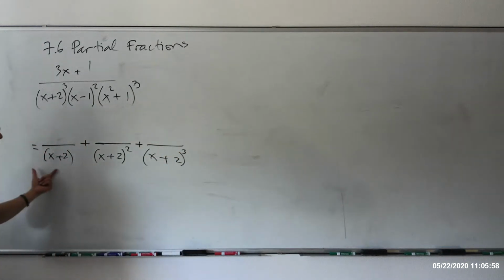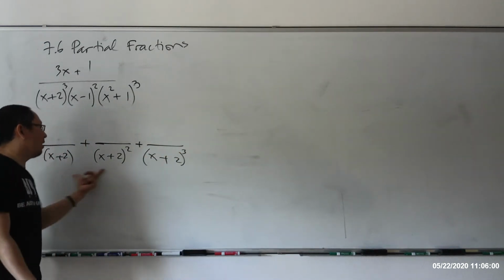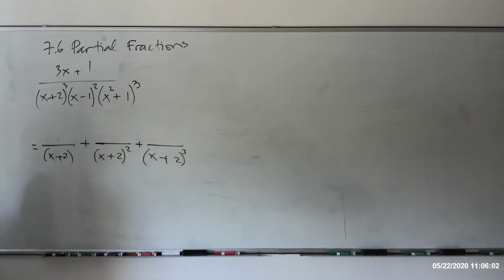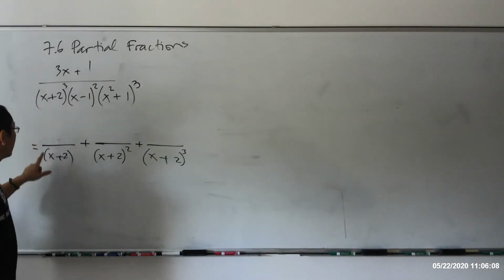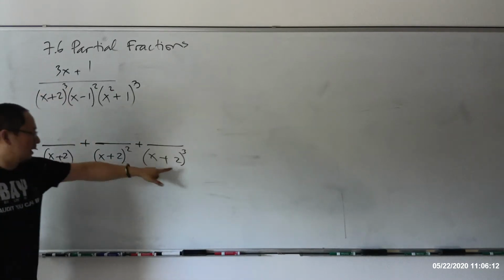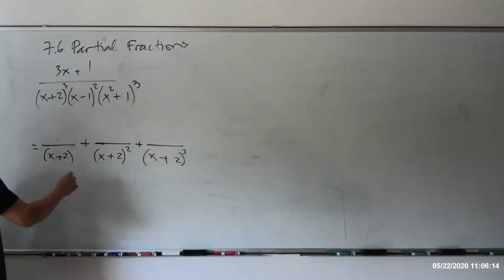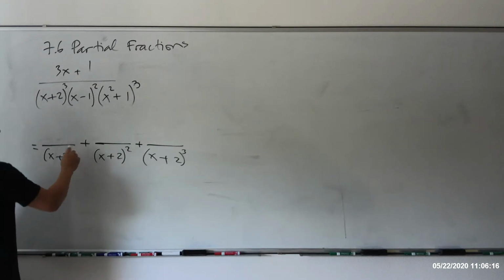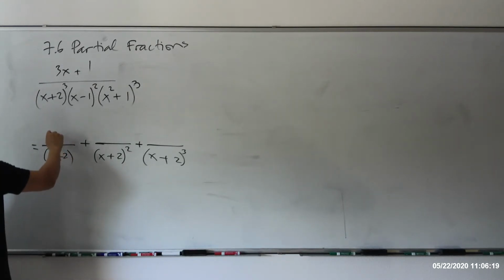Just list all the possibilities for the partial fractions involved in the factor of x plus 2. So I have 3 possible fractions. Could be just x plus 2, could be x plus 2 squared, and then x plus 2 cubed.